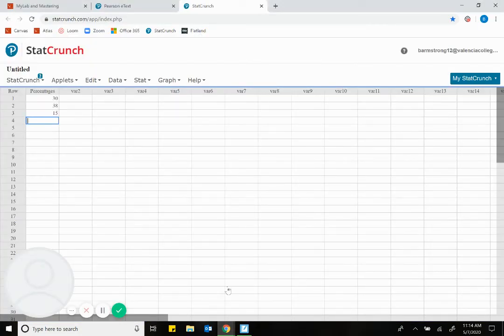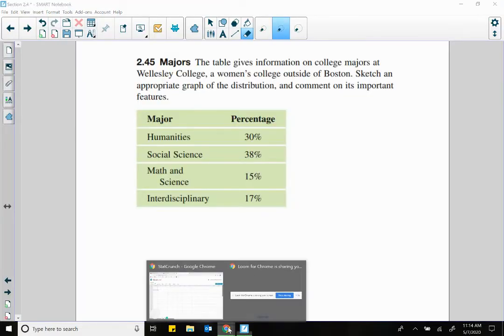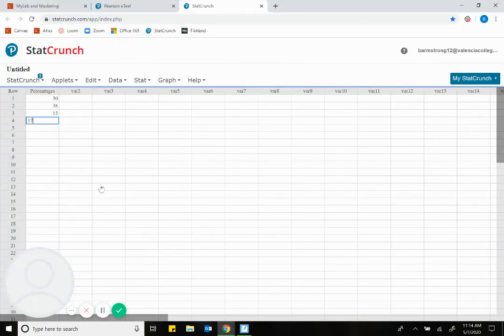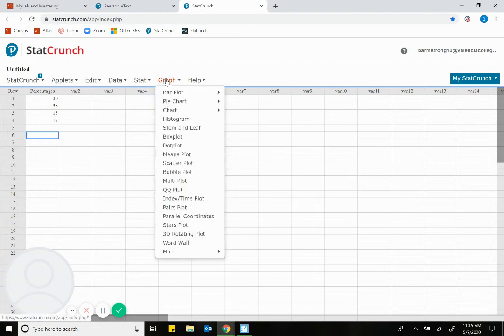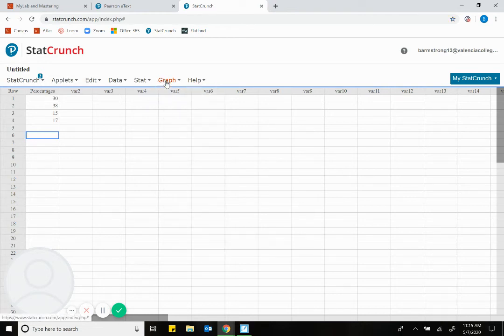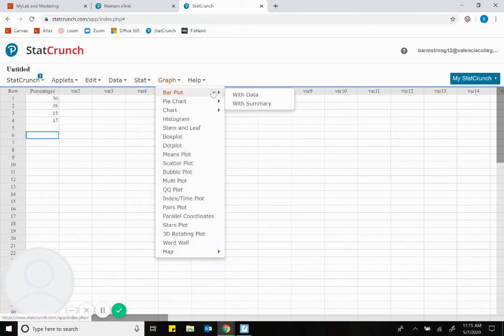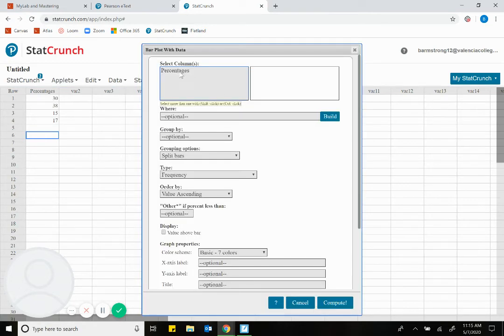Then we can go and look at the bar graph for these. We can make a bar graph with the data, the percentages.